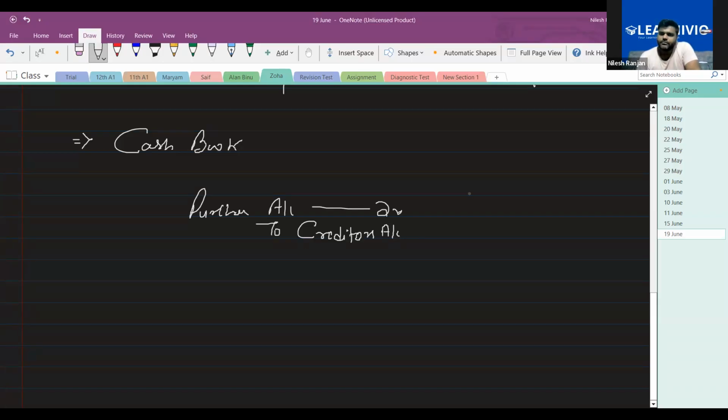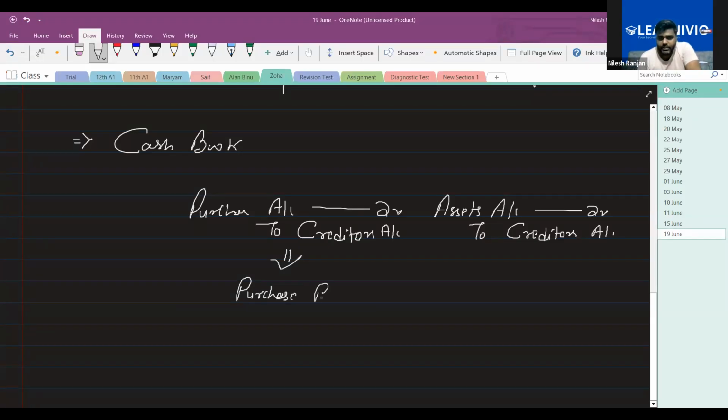Assets account debit to creditors account. Now this first transaction will go in purchase book, because it is a credit purchase. This transaction will go in proper journal.